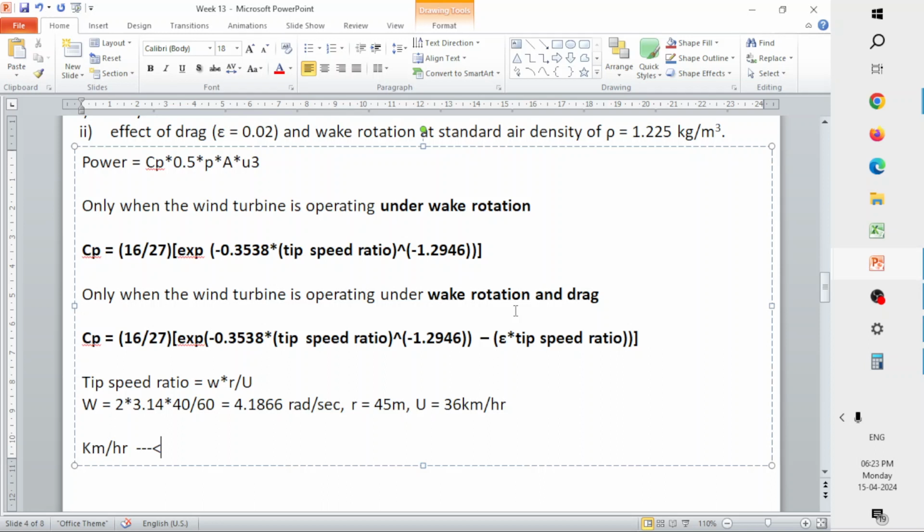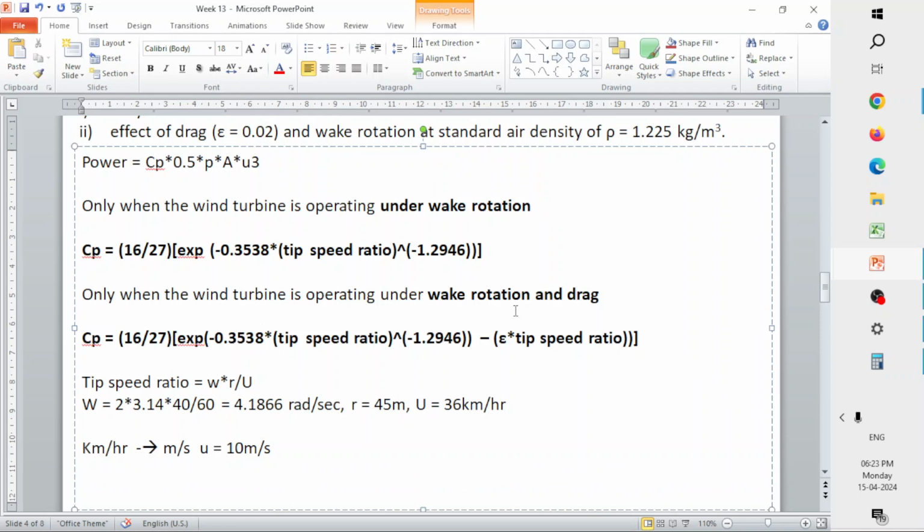Since that might be simple, you can tell me how much is the speed of wind in meter per second. So 36 kilometer per hour is how many meter per second? Yeah, so your u value will be nothing but 10 meter per second.